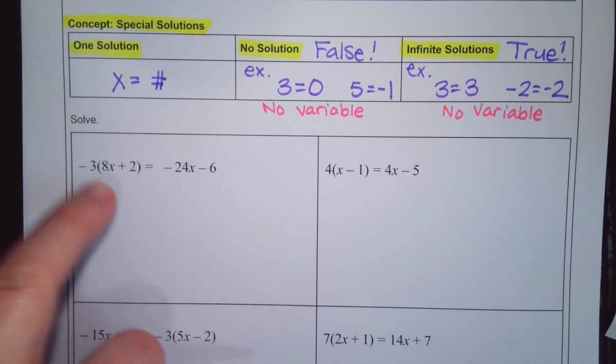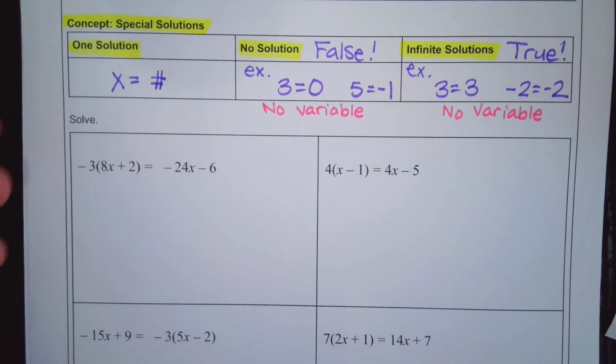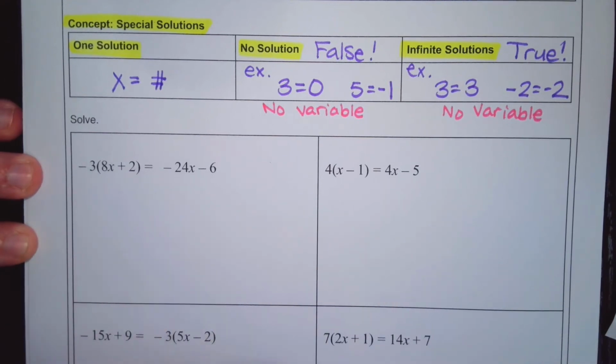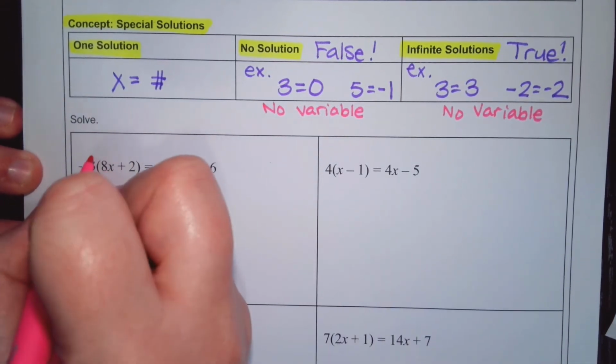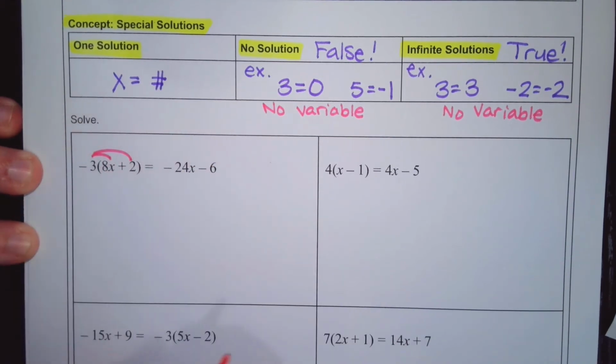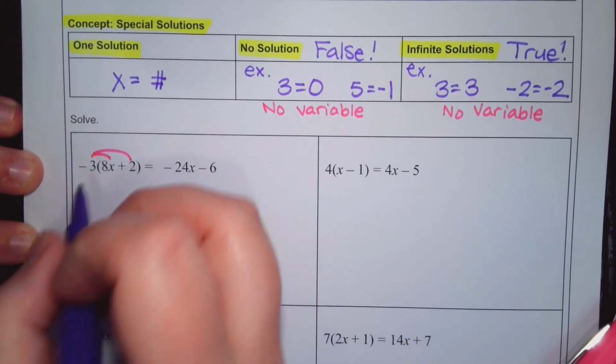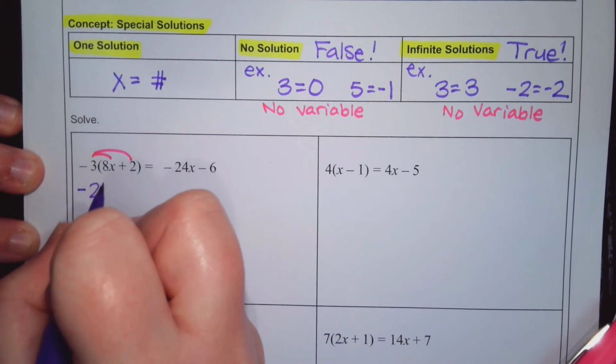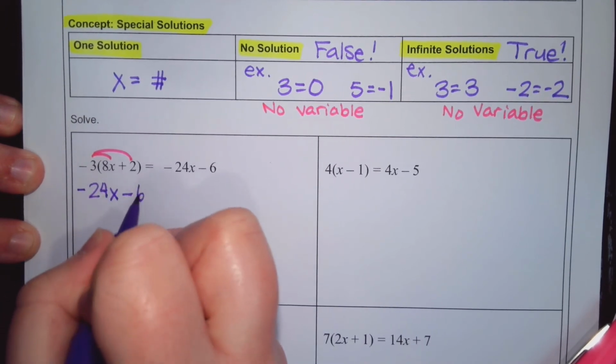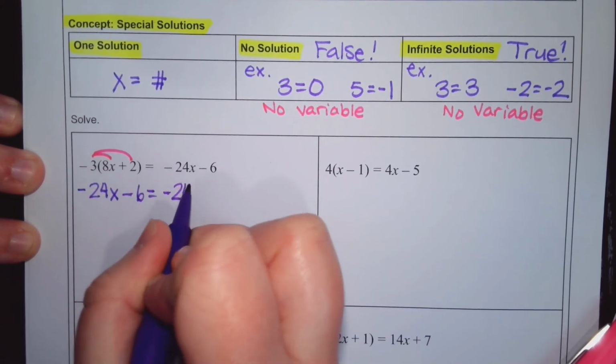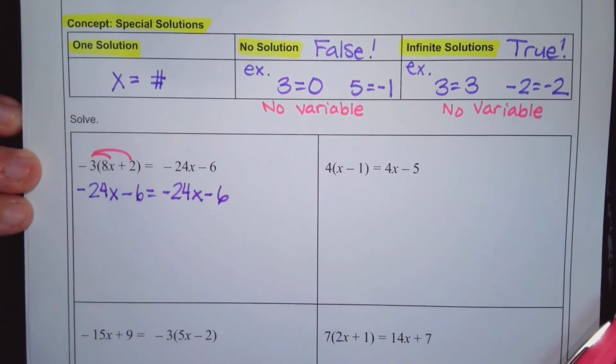So our first one, you're always going to start with distribution here. So that's what we're going to do. Distribute the negative 3. So we have negative 24x minus 6 is equal to negative 24x minus 6.